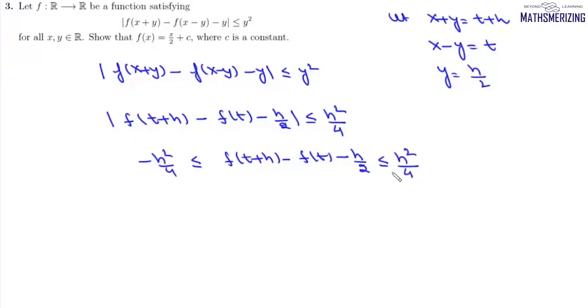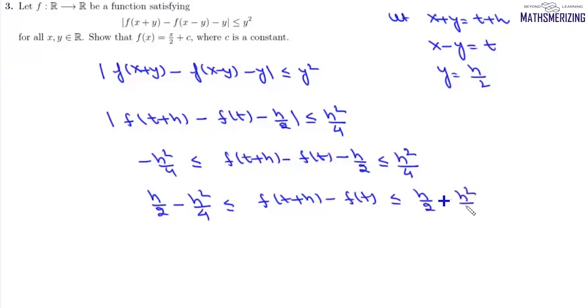Now we'll add h/2. So h/2 minus h squared by 4 will be less than f(t+h) minus f(t), and that will be less than h/2 plus h squared by 4.